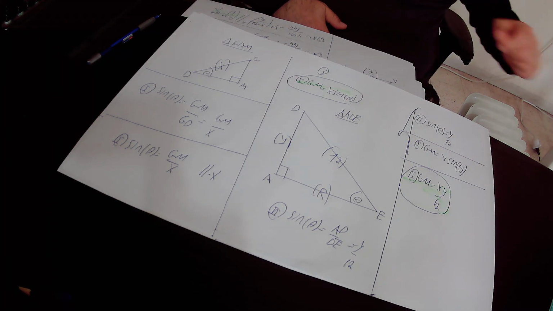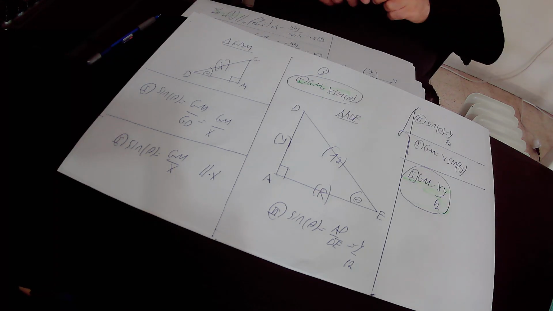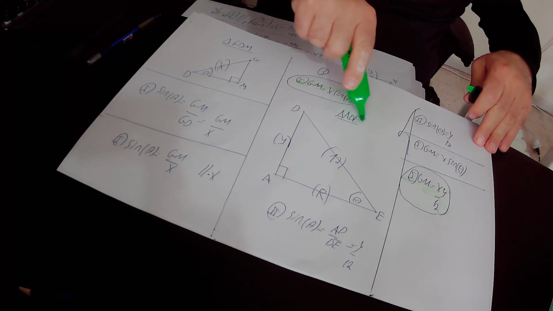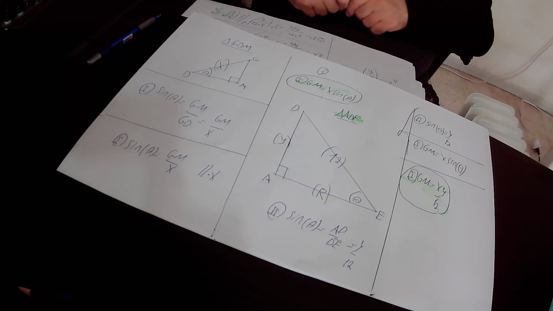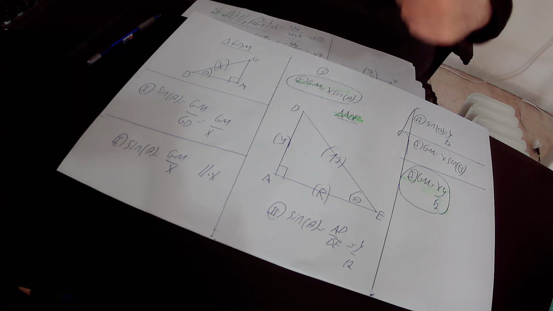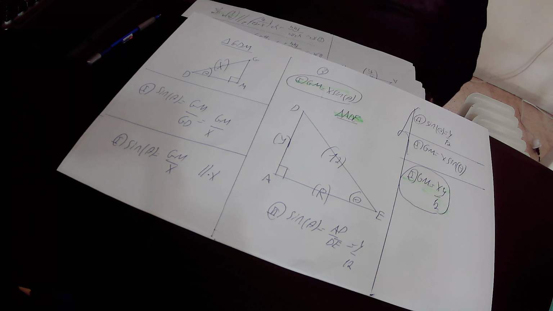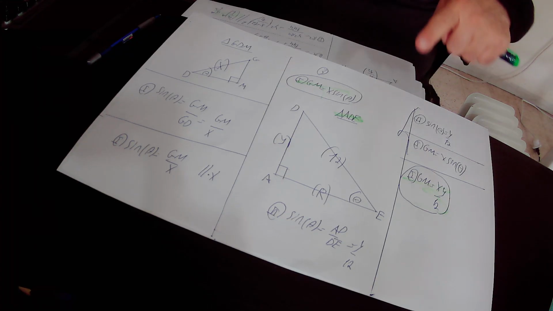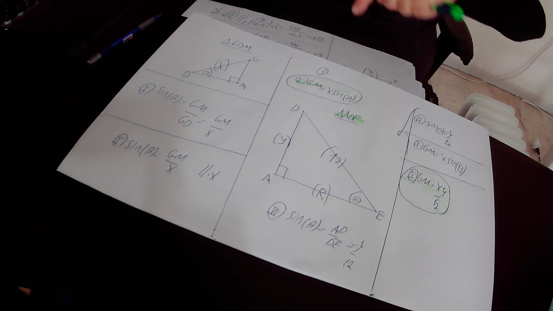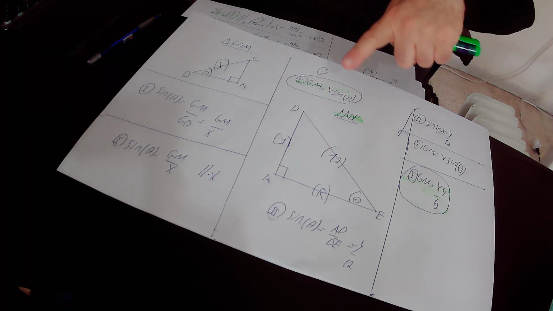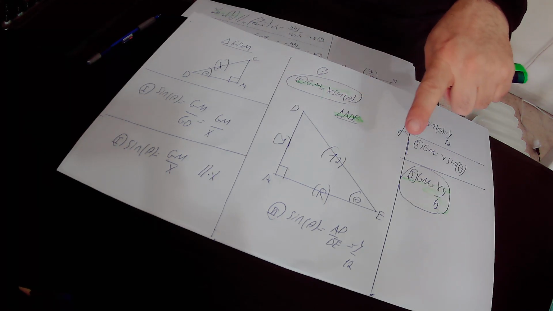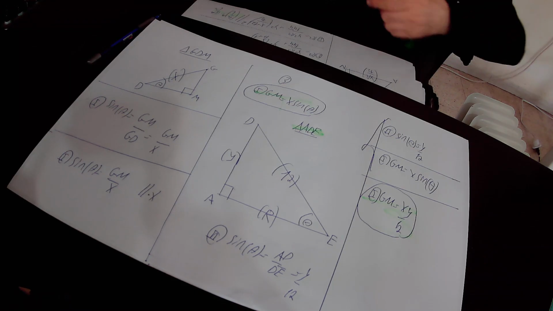Then I copied the right triangle ADE again in this new page, and we continue to analyze this right triangle ADE. This is the right triangle ADE that I copied from the original drawing. In this right triangle ADE, it is very easy to see that sine theta equals DA over DE. DA is y, DE is 12, so in total sine theta equals y over 12.